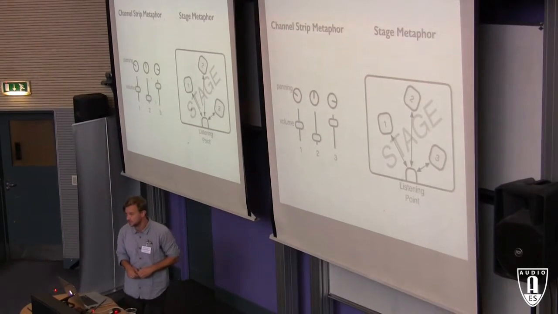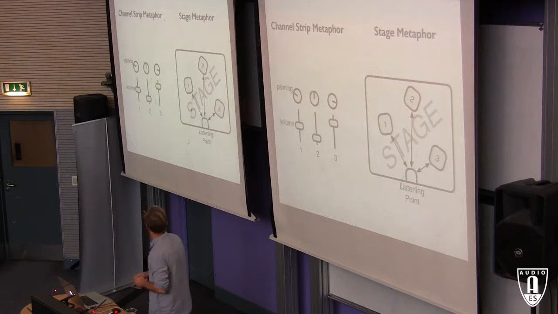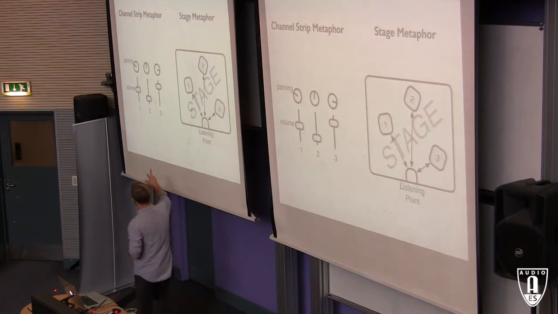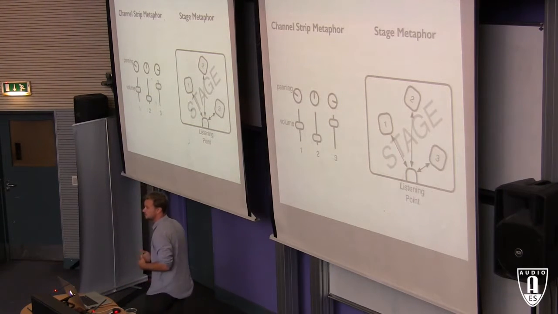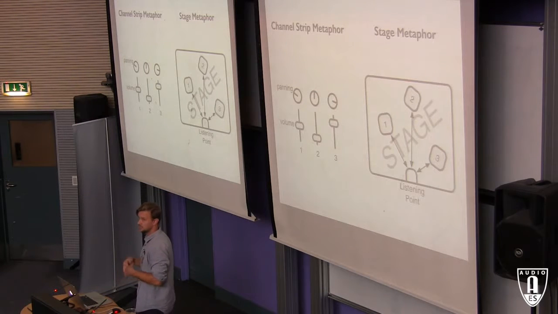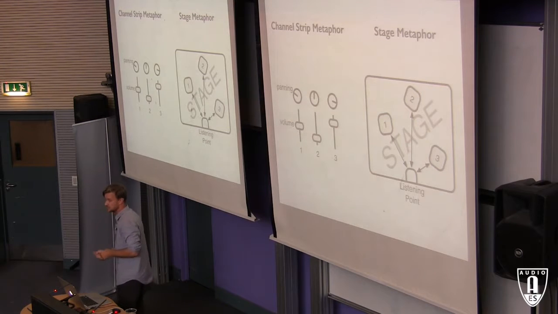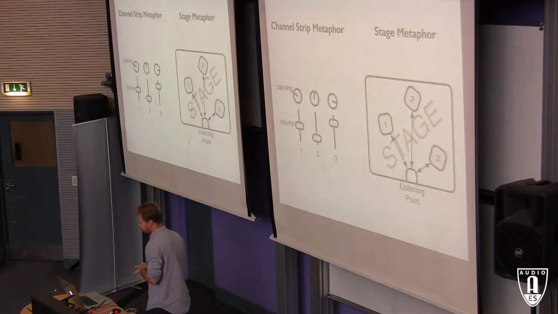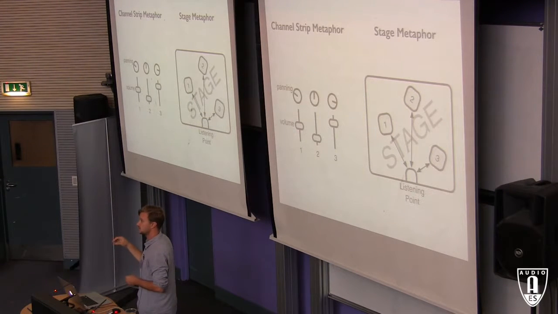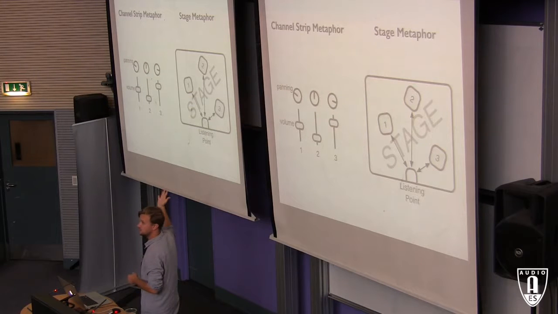So basically, the stage metaphor for mixing takes this, well, here we have the traditional metaphor where when you want to set levels and pan, you have sliders and knobs like on a traditional mixer. The stage metaphor has each channel as a widget that has a position in a virtual 2D space.